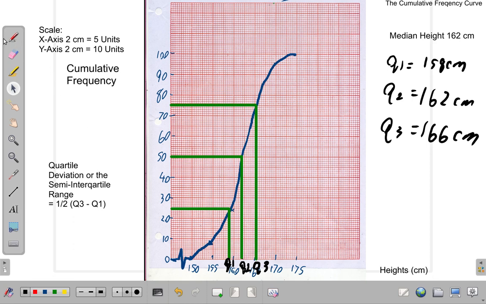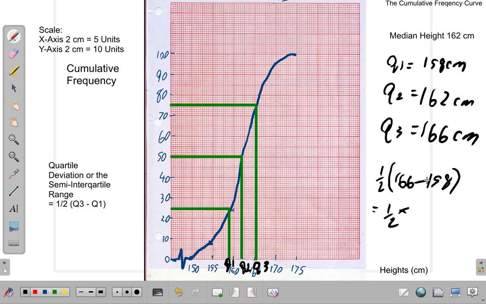So let's do a little calculation here. If we say half of Q3 minus Q1, then what we have for the quartile deviation or the semi-interquartile range is half of Q3, which is 166, minus Q1, which is 158, equals what?